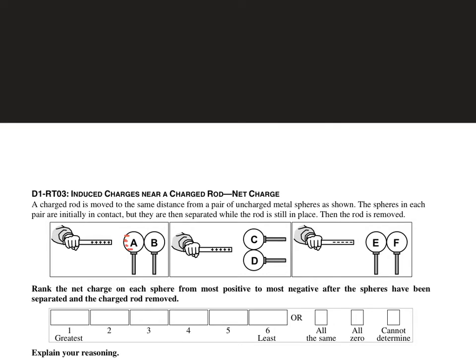And if negative charges pile up there, that means this thing is becoming more positive. So the right-hand side of B will be more positive than the left-hand side of B, which will be more positive than the right-hand side of A. Did you catch that? The drawing's kind of small.